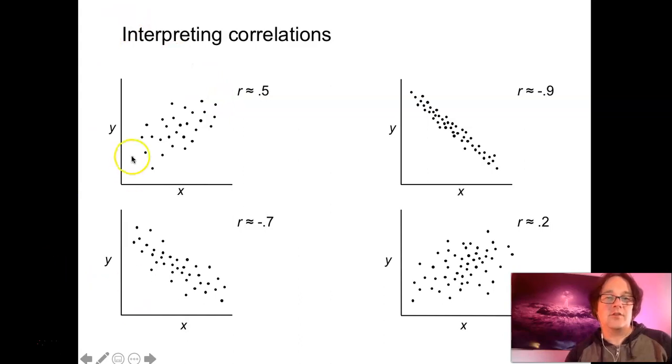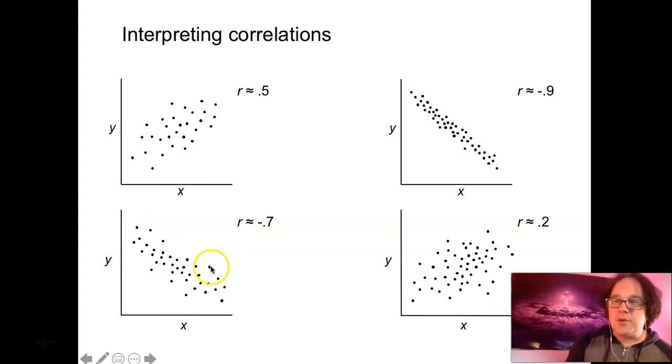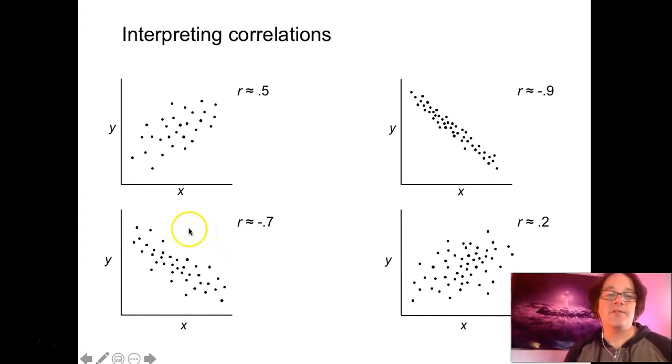So let's go down here. When we take a look, I guesstimated this to be about a 0.7. Yeah, maybe it's more 0.6 or so now that I'm looking at it. Or maybe 0.65, somewhere in between. But clearly, we see the directionality is negative.